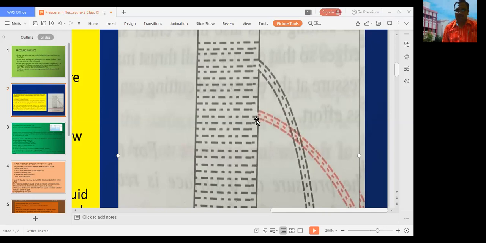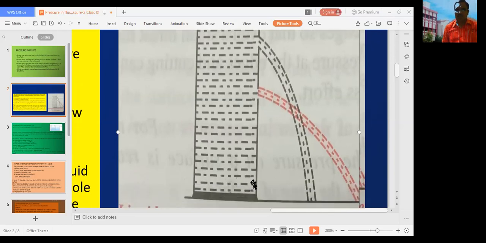As the depth increases, the distance the water flows also increases. That is due to pressure. So pressure increases as the depth increases. At the bottom, the pressure will be more than at the surface.